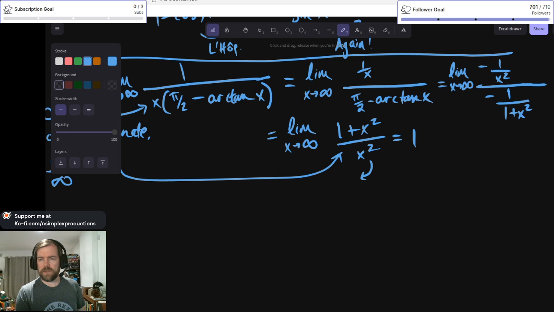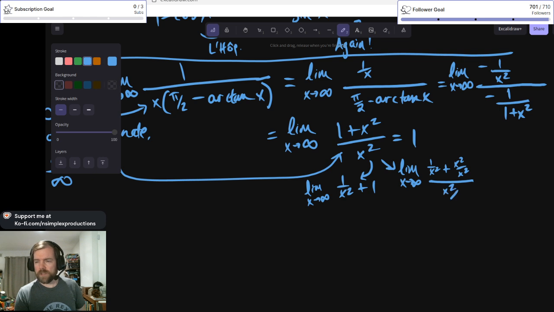So you could have said that this is 1 over x squared plus 1, taking the limit as x goes to infinity. If it were a larger polynomial on the bottom, it's more of an option, but you could have done 1 over x squared plus x squared over x squared, which again equals 1.